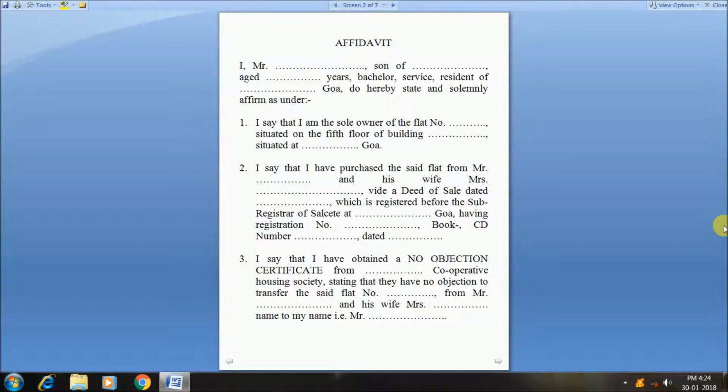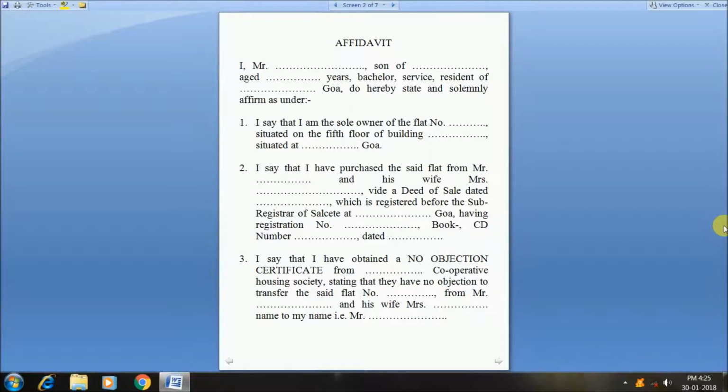Again, in the affidavit, what you have to take care of is to keep the statements as simple as possible. There is no problem if you keep on making paragraphs. Other than the fact that the affidavit will be a little elongated, the entire object behind drafting a document should be that the person reading the document is able to comprehend it correctly, and that there should not be any confusion.